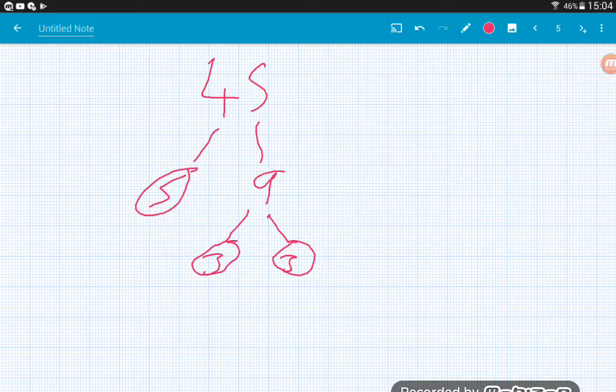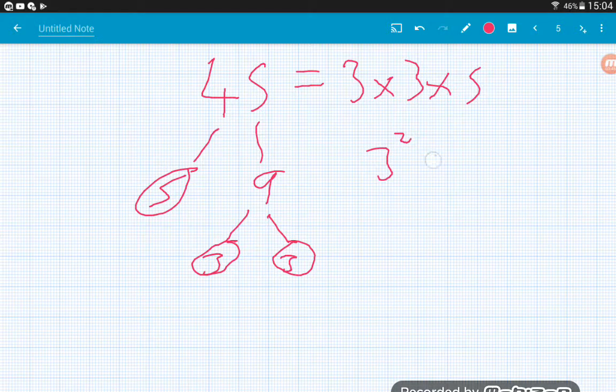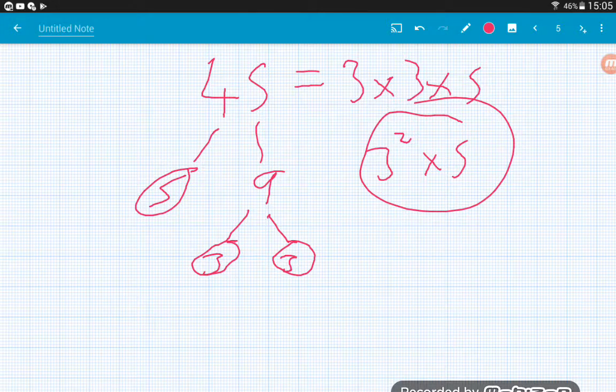When you write your answer, ideally you always want the factors in ascending order, so start with your smallest factors first. So 3 times 3 times 5, and then we can sharpen that up to 3 squared times 5. There's our answer: 45 is equal to 3 squared times 5.